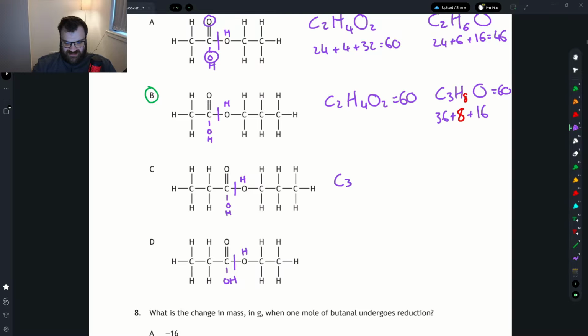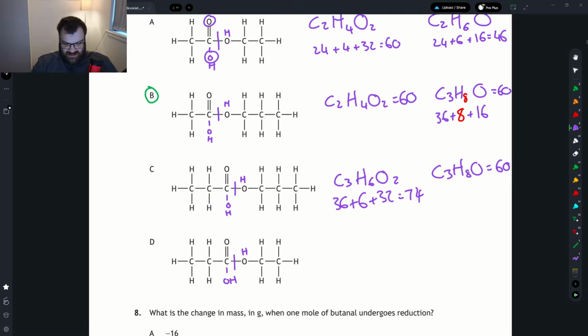Let's check the other one. C3H6O2 versus C3H8O. So the right side is 60. If you look at the difference between these two, we get an extra carbon and 2 extra hydrogens. That takes it above 60. So 36 and 6, add 32, and that'll be 42, 74.